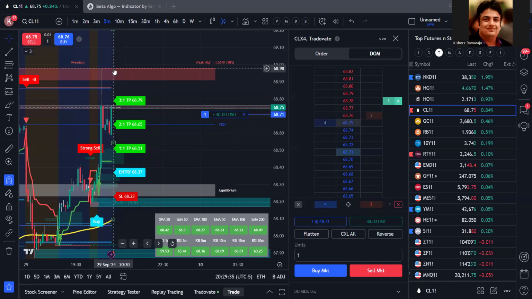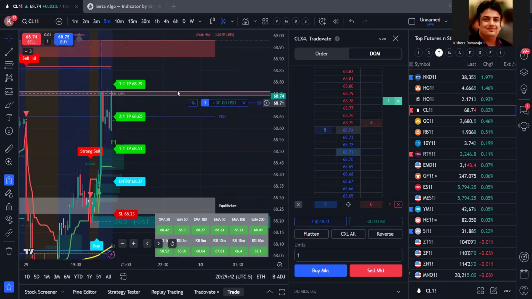It can go further, but even if you want to take low risk, you put your target somewhere close to this one. If it is 68.79, you put at 78 because that will be like a bid and ask price. Always it should be one tick less than the target.